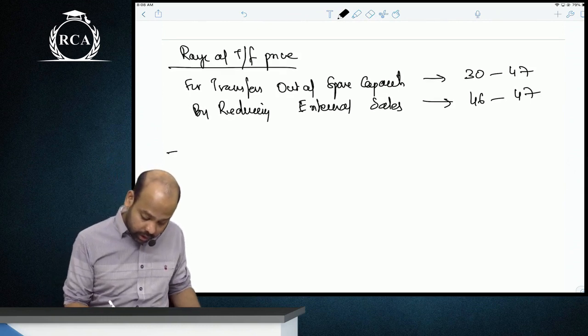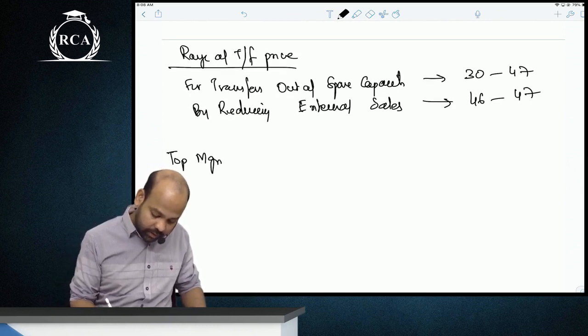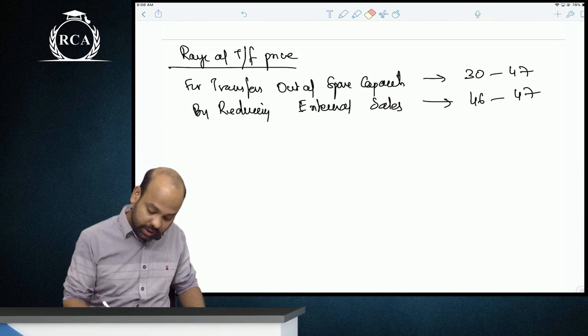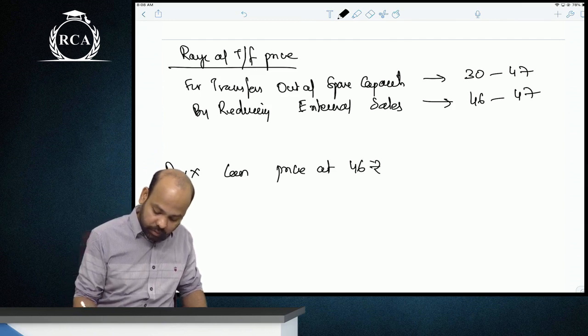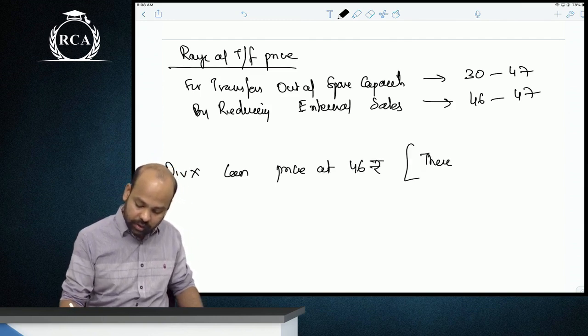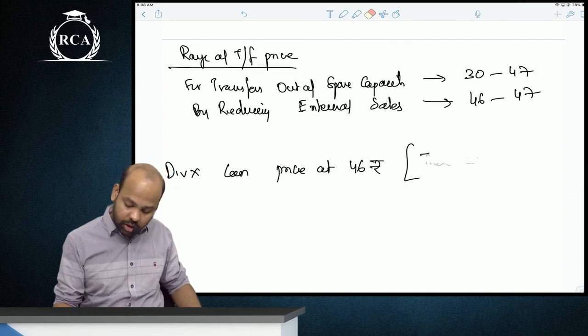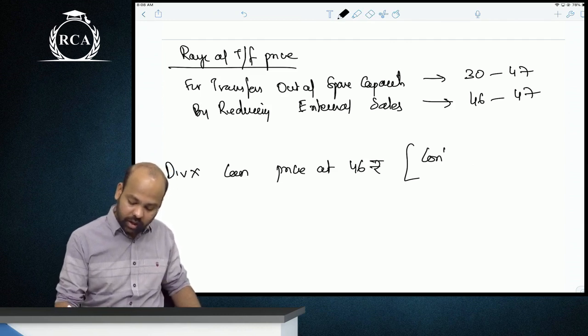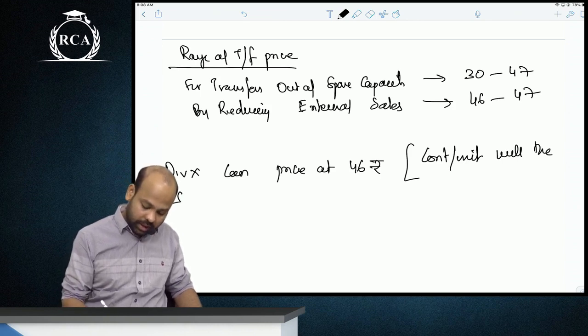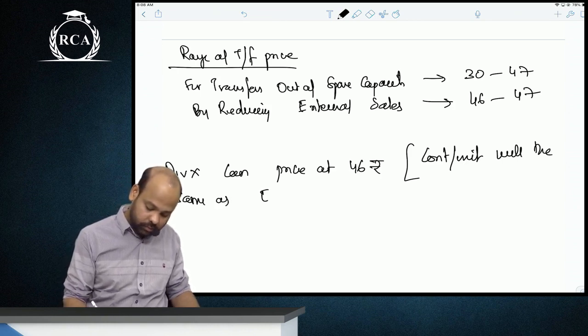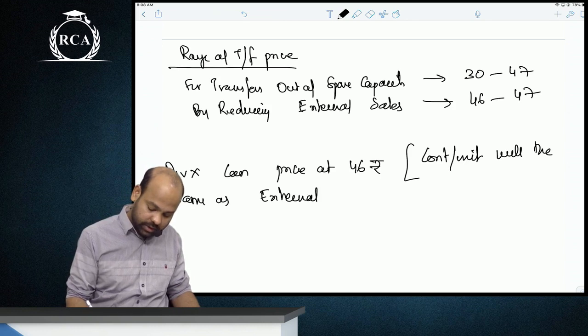Division X can price at 46 rupees. Contribution per unit will be the same as external sales.